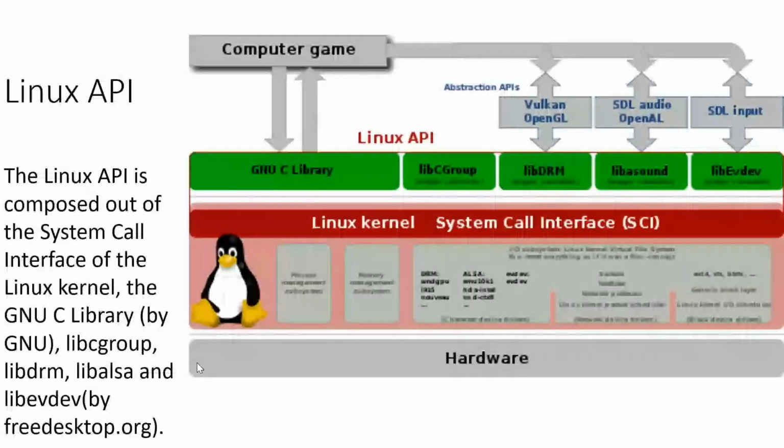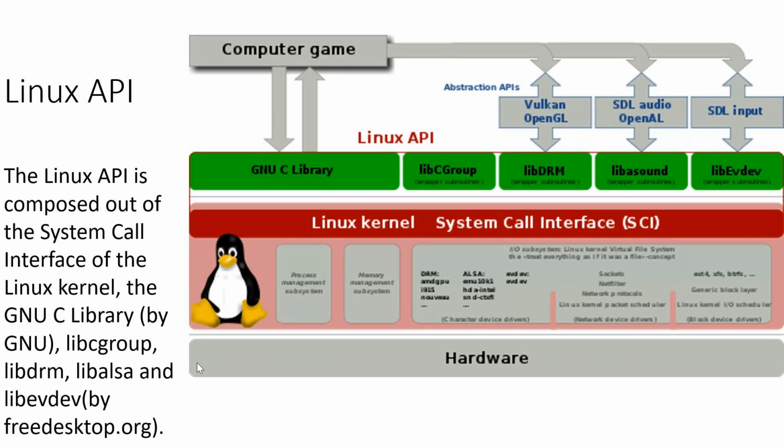The Linux API is composed of the system call interface of the Linux kernel, the GNU C library, and libc groups such as libdrm, libalsa, libevdev, and so on. You don't need to remember all this.